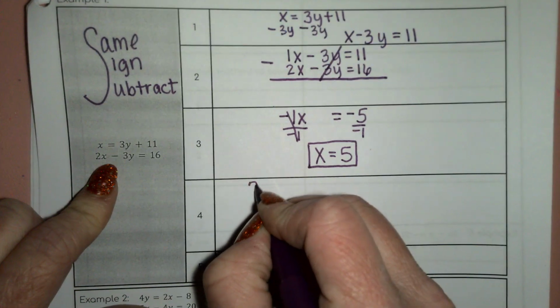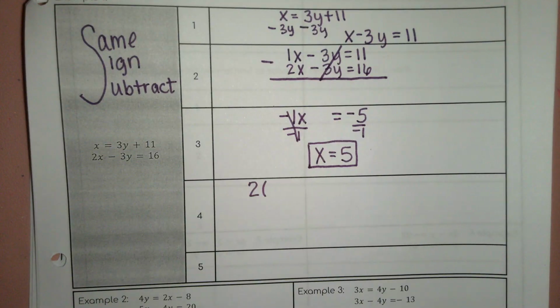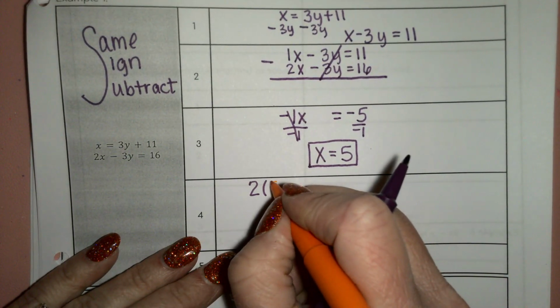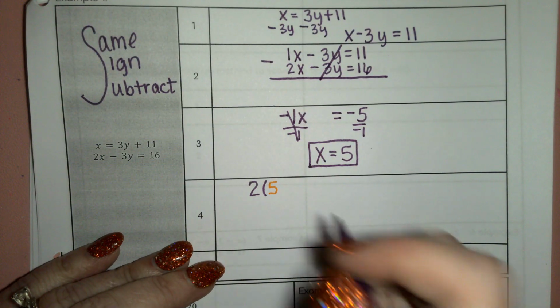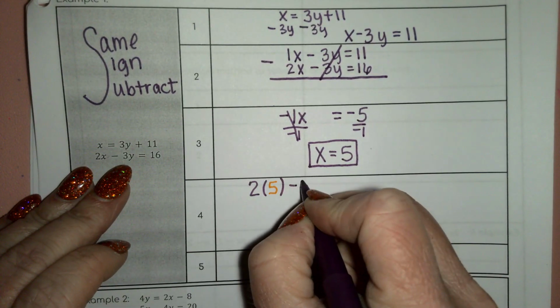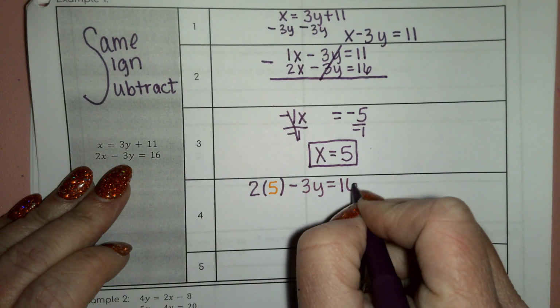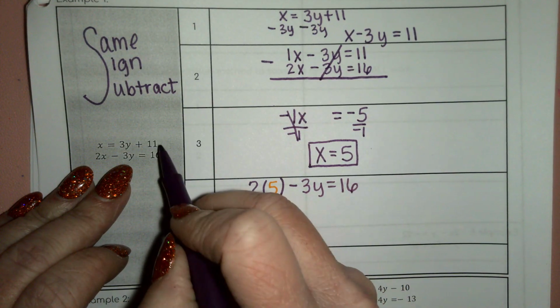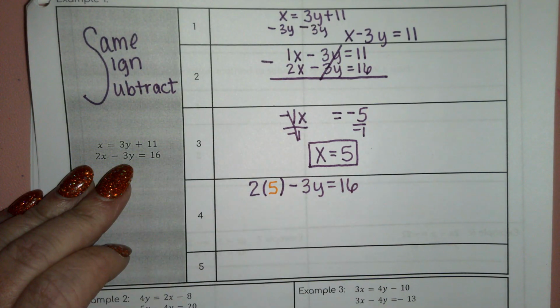So I've got 2 times x, which x was 5, minus 3y equals 16. It doesn't matter which equation that you use as long as you use one of the originals, so that way you don't mess anything up.